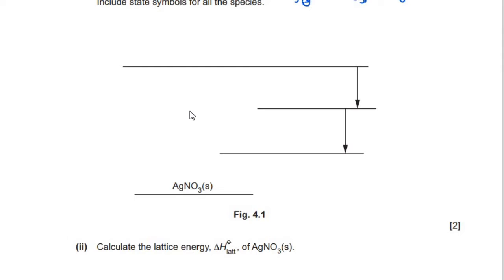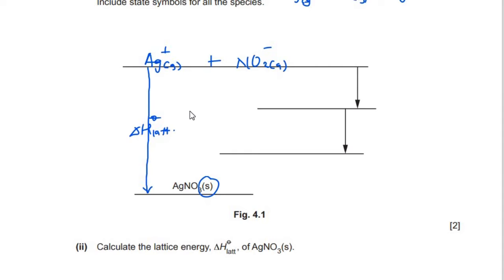And here it's the silver nitrate given in the solid form. So that is possible only when we write silver ion in the gaseous form on the top and the nitrate ions in the gaseous form on the top, to show that this is the lattice energy. So this is how we should label it, lattice energy in the gaseous form.